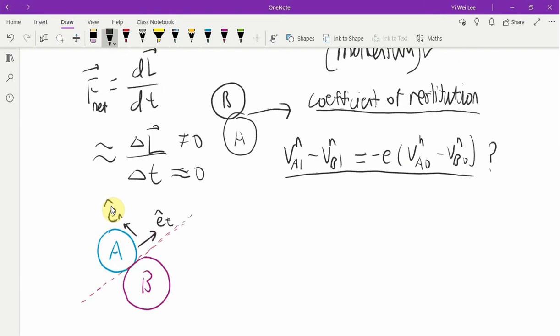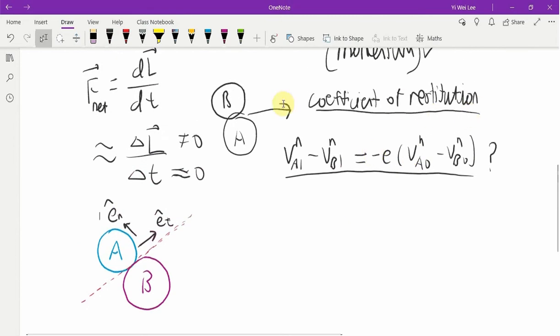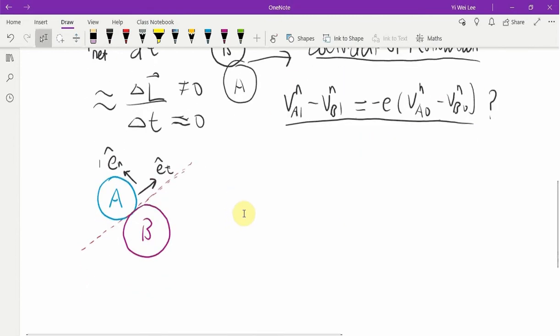I know it's a bit fuzzy here, but try to absorb what I'm saying one moment at a time. To use this equation for the coefficient of restitution, we have to resolve the velocity of particles A and B in the e_t and e_n directions. The component of velocity in the e_n direction is the term we use inside the equation of coefficient of restitution. So what do I mean?